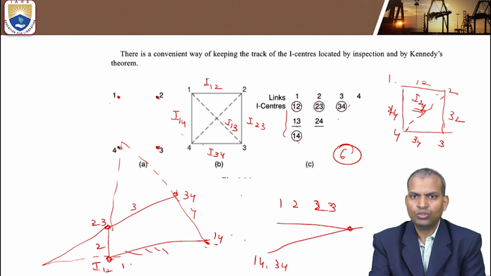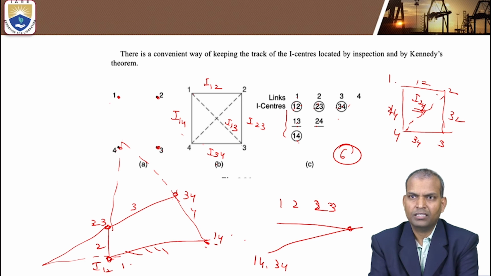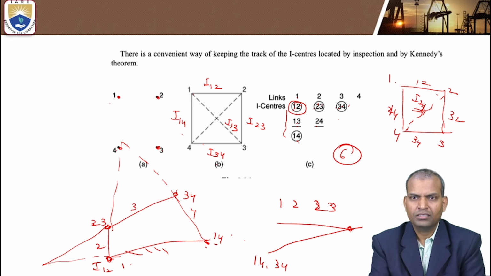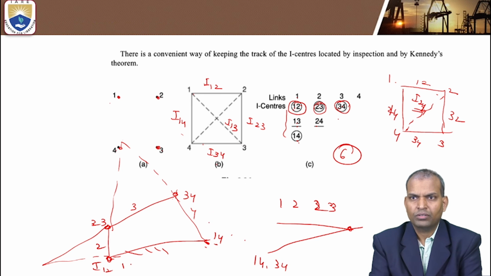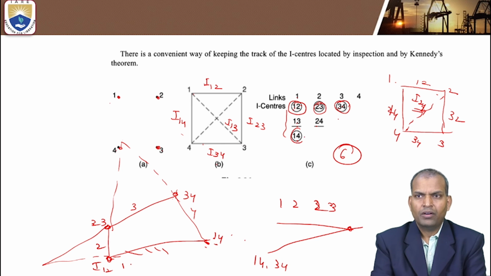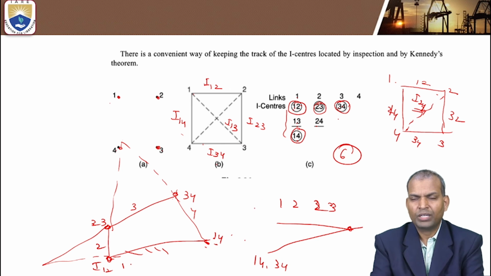You mark it 1,2, yes, circle. Next 2,3, circle here. 3,4, circle here. 1,4, circle here. What are the remaining ones? The remaining instantaneous centers are 1,3 and 2,4. How can we obtain 1,3 and 2,4?